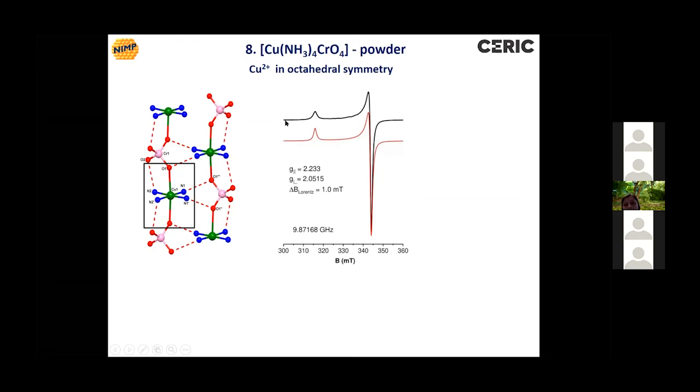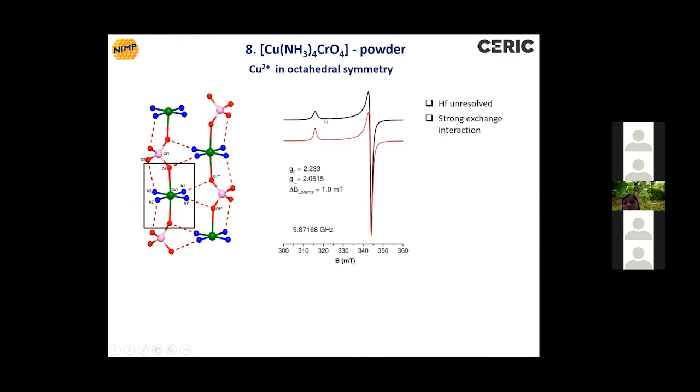And the experimental spectrum is this black one, and this is a simulation of the spectrum. And what we could determine from the spectra were the G parallel and G perpendicular values. So it seems not enough information.